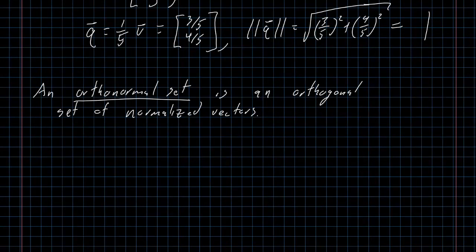An orthonormal set is an orthogonal set of normalized vectors.